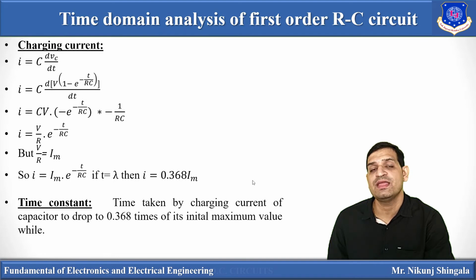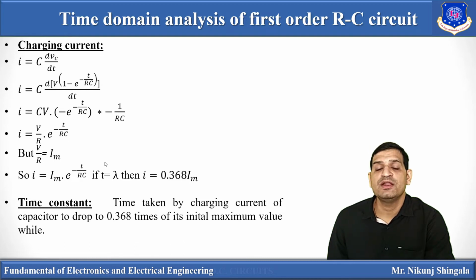So in this case, we can define time constant as the time taken by the charging current of the capacitor to drop to 0.368 times of its initial maximum value, because at time t is equal to 0, we are getting I is equal to Im, that is the maximum value. But after some time, that charging current will be reduced. Why is the charging current reduced?